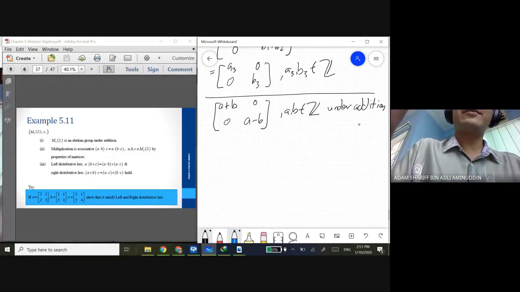You take the first matrix, M1 becomes A1 plus B1, 0, 0, A1 minus B1.